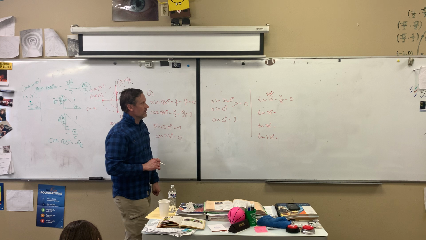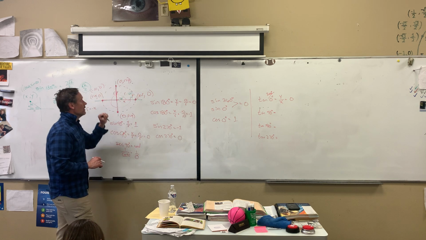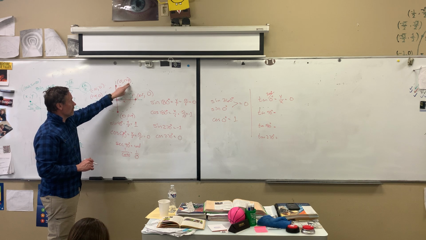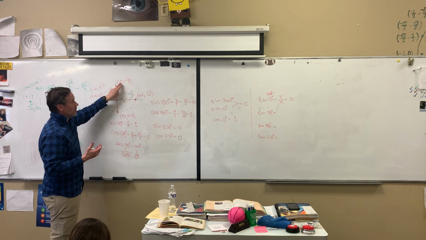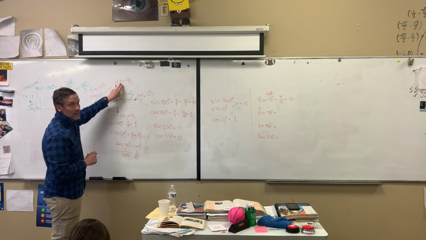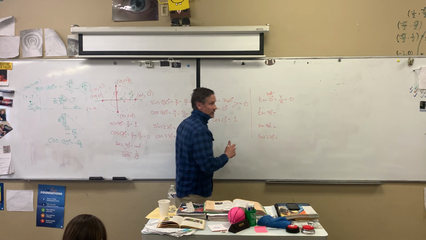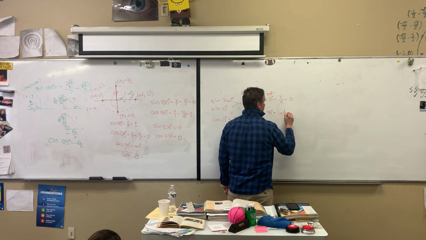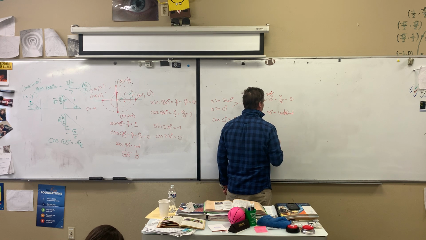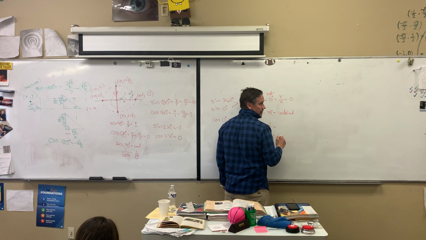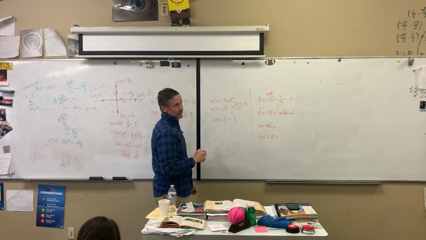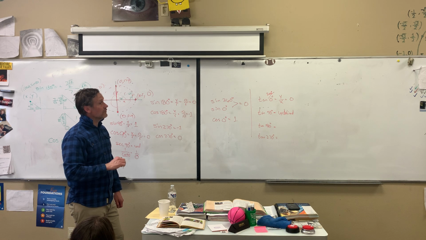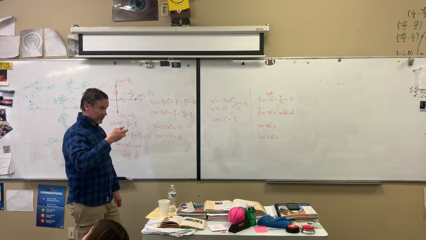Tangent of 90, again, it's y over x. My y value is whatever it is, divided by my x value, which is 0. So what is the tangent of 90? Undefined. So then, what about cotangent of 90? Because it's the reciprocal, it's actually x over y.